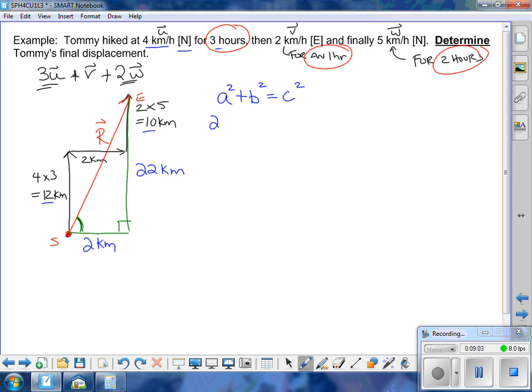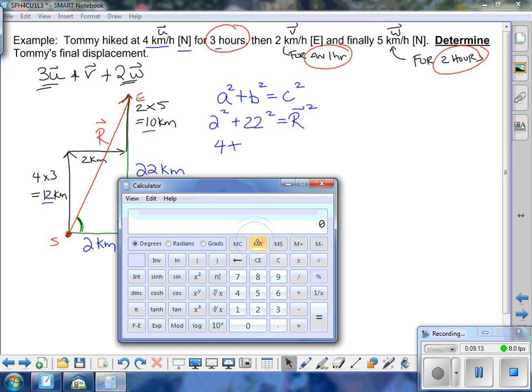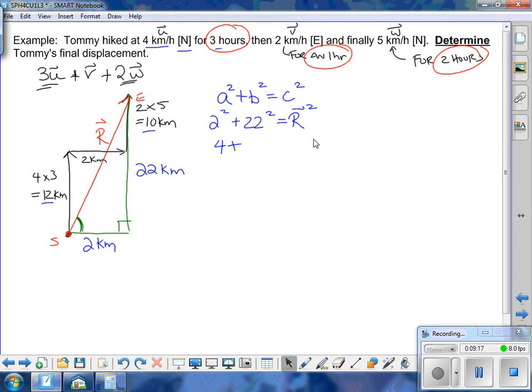So 2 squared plus 22 squared is my resultant squared. 4 plus, not in my zone, I can't do the 22 squared today in my head. Probably not on the average day. 484, so 488 equals r squared.